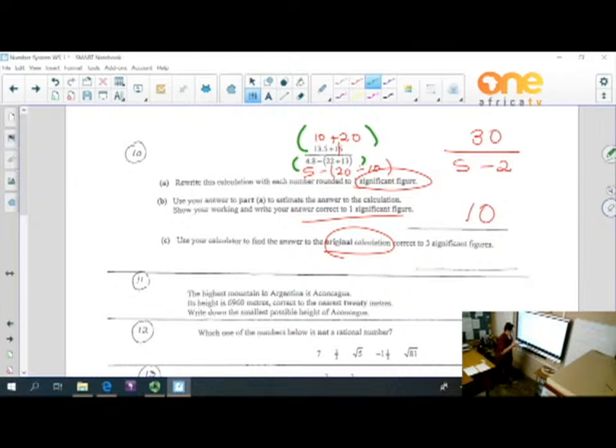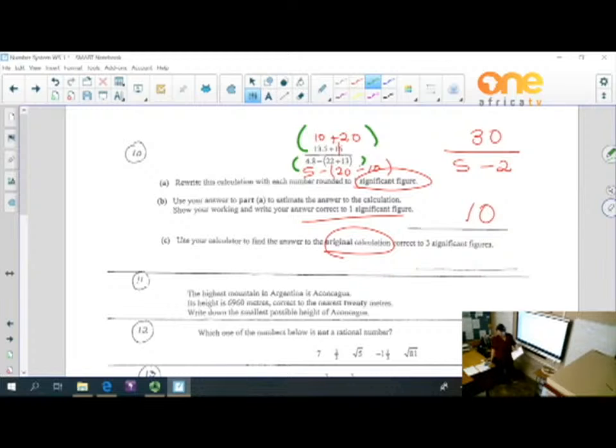So on your calculator, brackets, 13.5 plus 16, close the bracket, is equal to divide by another bracket here, 4.8 minus, and now we have to use those brackets also there, 22 divide by 13, close the bracket, is equal to SD.